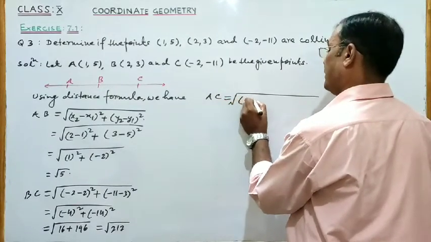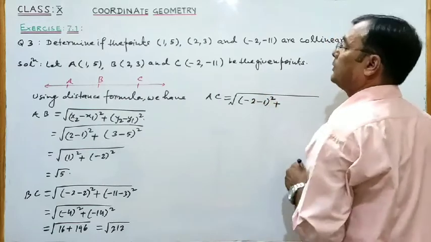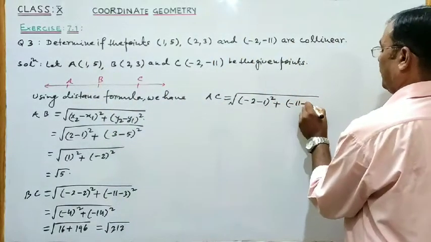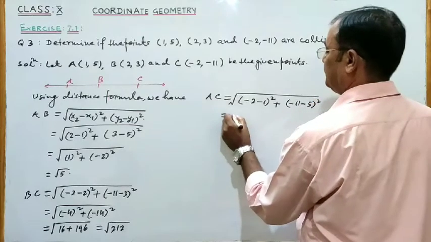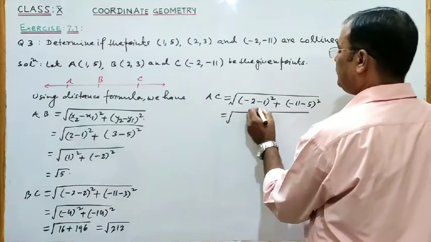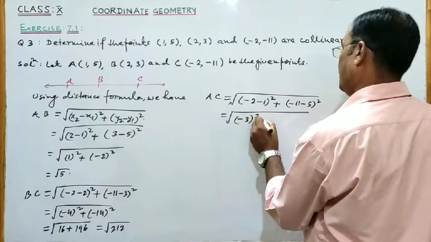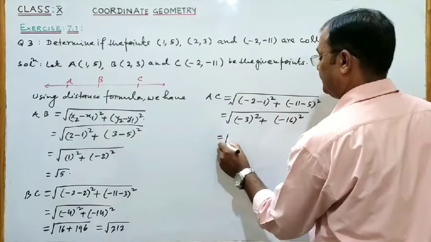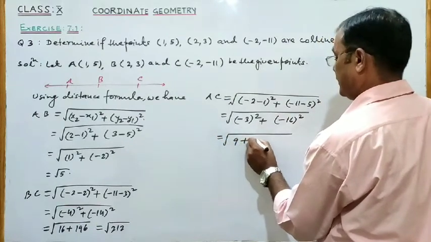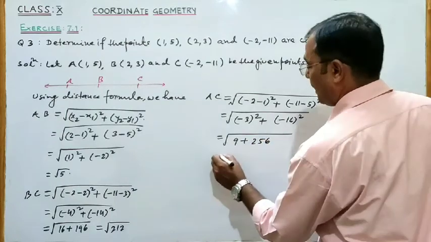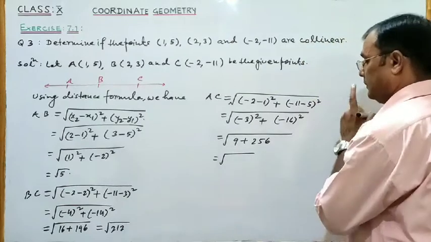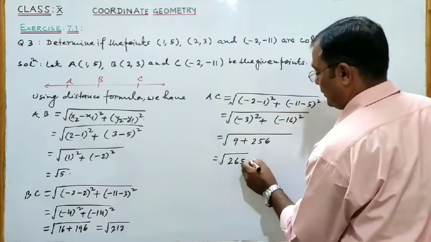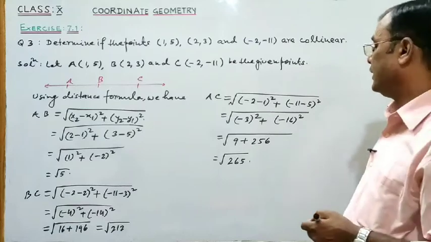So (minus 2 minus 1) whole square plus (minus 11 minus 5) whole square, which is (minus 3) whole square plus (minus 16) whole square, 9 plus 256, under root 265 units. AC is under root 265.